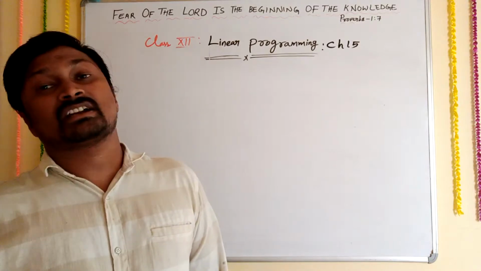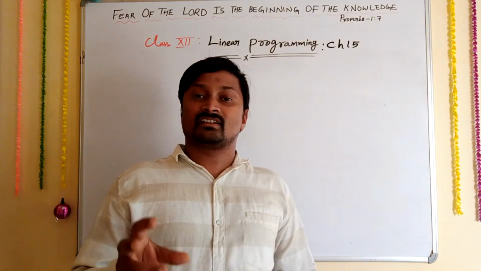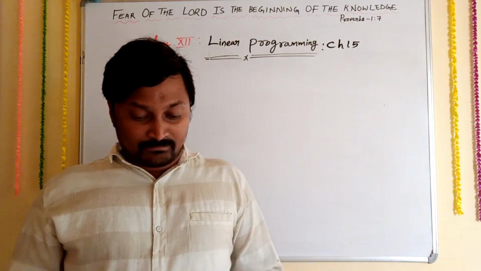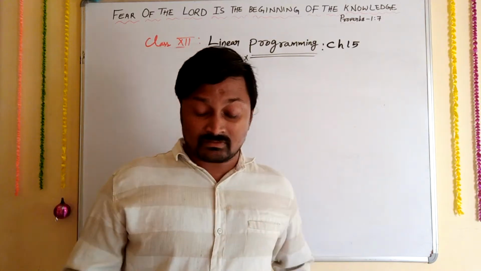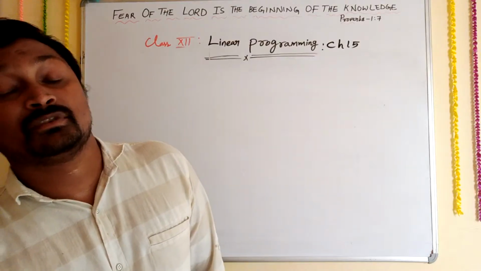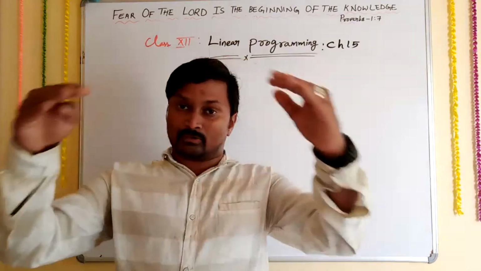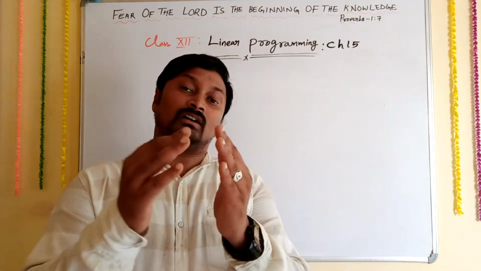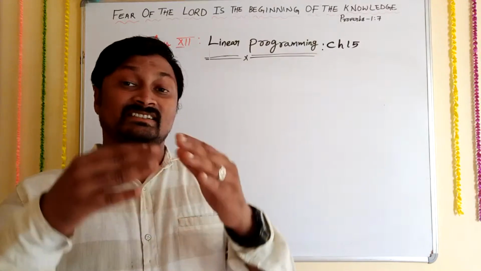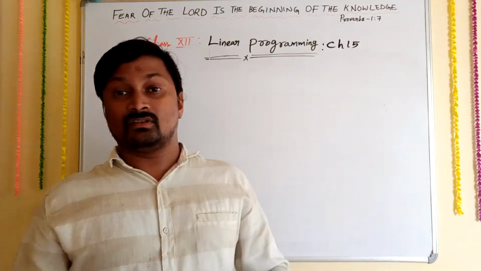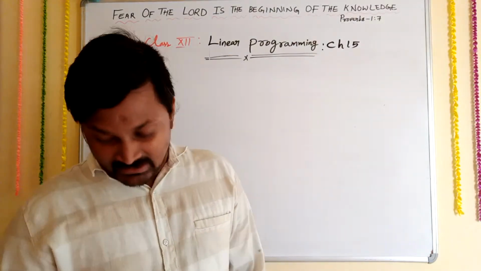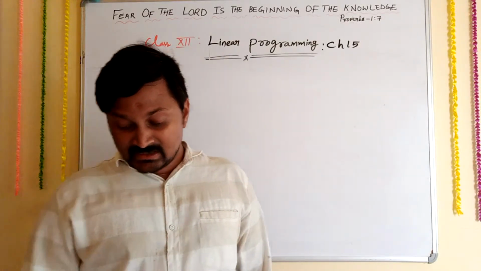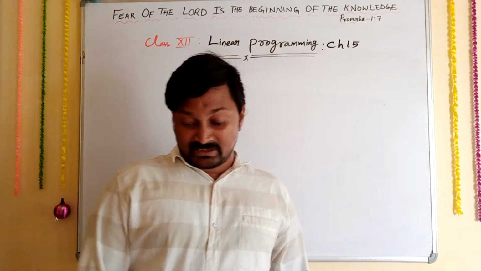Then what are constraints? Constraints are limitations, as I already shared with you all. And what is a feasible solution? What is an optimal solution? Feasible solution means the region where all the graphs, all the lines intersect each other. That is called the feasible region. The point where it is minimized or maximized we can call the optimal solution.